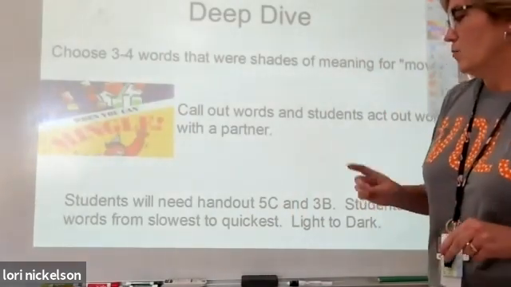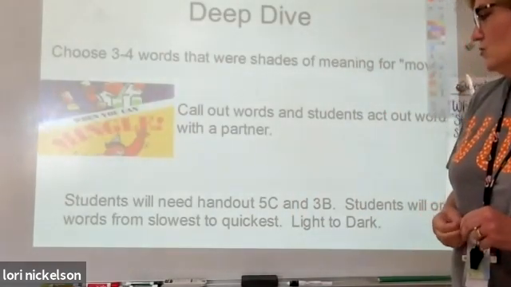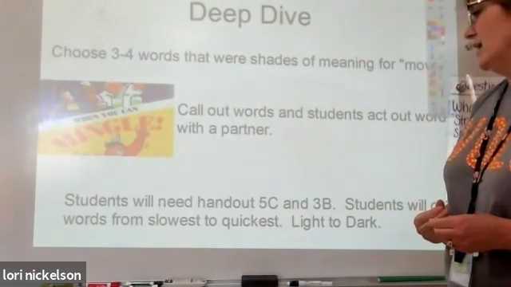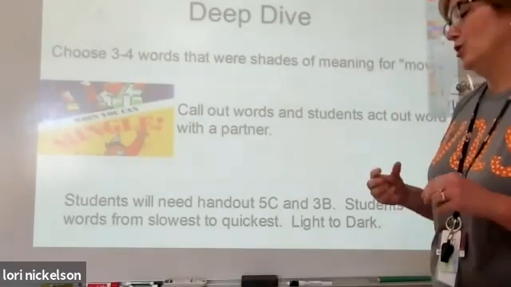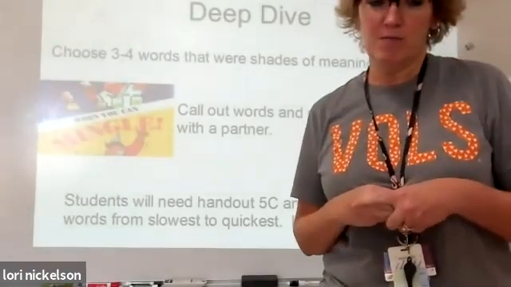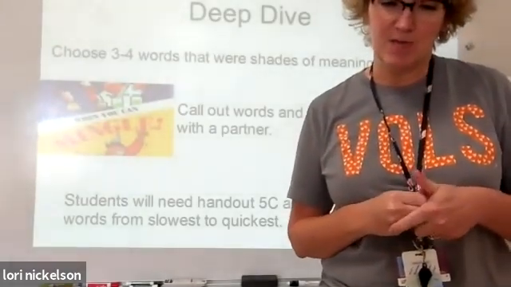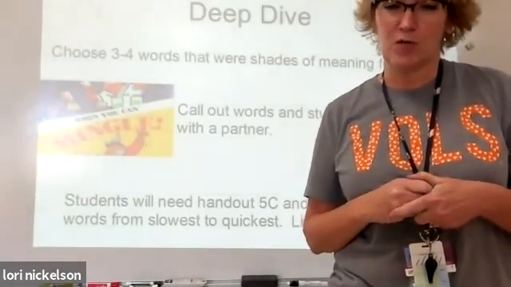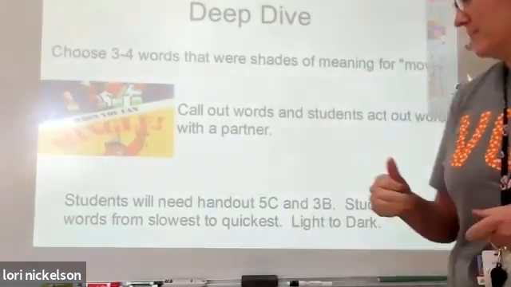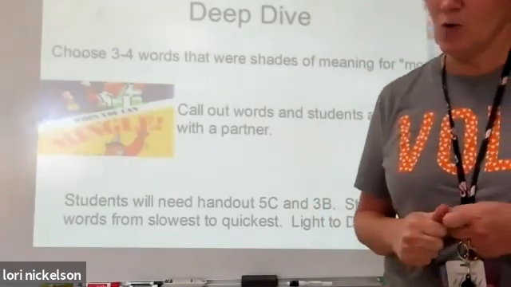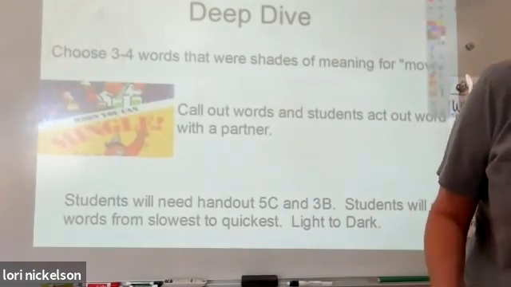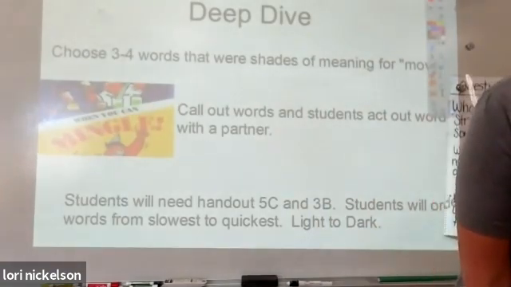So what you need to do now is look at handouts 5C and 3B, and we're going to put our words from light to dark. That means we are going to do the exact same thing we did with our movement words. We're going to do shades of meaning using a different word. So now we're going from light to dark. Find that sheet, 5C.